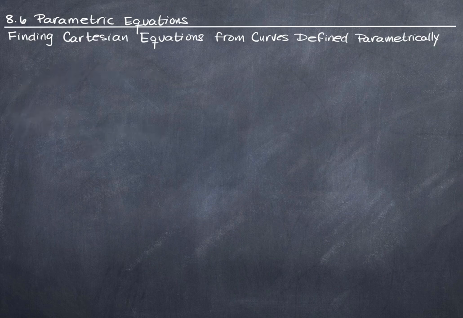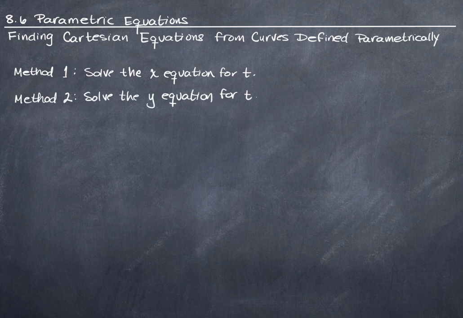The methods described in your textbook are, method 1, solve the x equation for t, and then substitute that t equals whatever into the other equation. We did that in the previous video. The second method is to solve the y equation for t. We did that in the previous video as well.